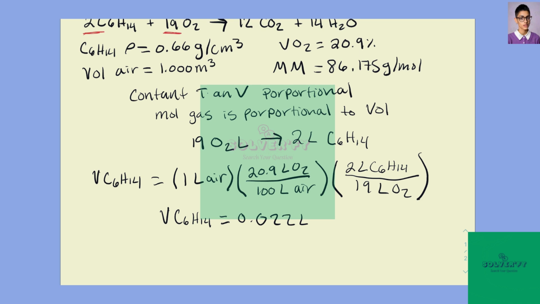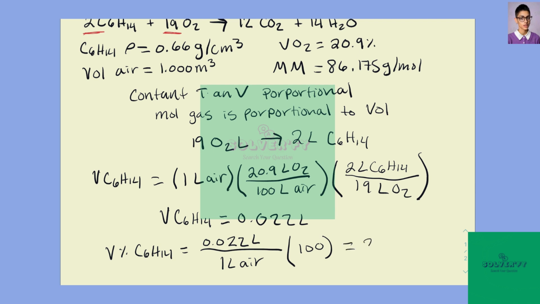So now let's get the volume percent of hexane that we have. So volume percent of hexane is equal to the volume that we just found, 0.022 liters, divided by 1 liter of air and times that by 100 to get a percent. When we calculate this out, it's going to equal 2.2% hexane.